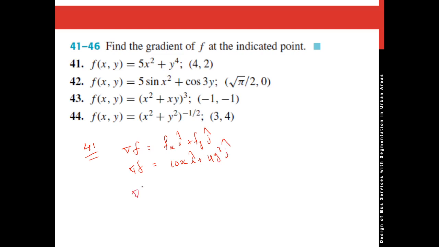So del f at (4, 2) is equal to 40i plus 4 into 8, which is 32, j. So this is the answer. Similarly you do the other problems.